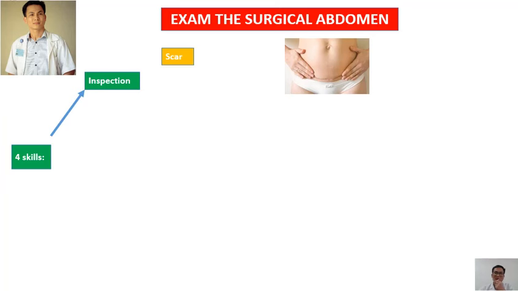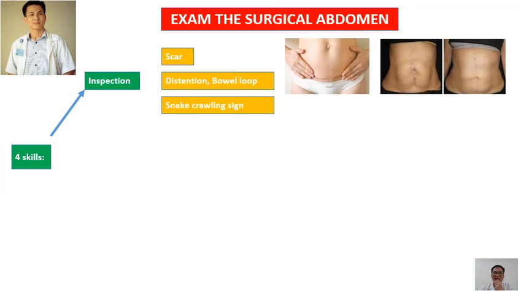Second, we look for abdominal distension. A distended abdomen may indicate the presence of dilated intestinal loops, often seen in cases of intestinal obstruction or volvulus. Additionally, severe distension accompanied by pain can be a sign of peritonitis.